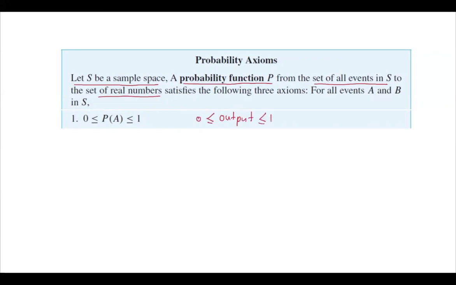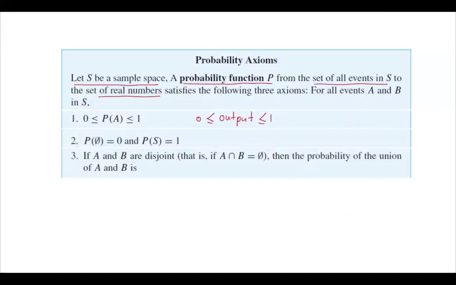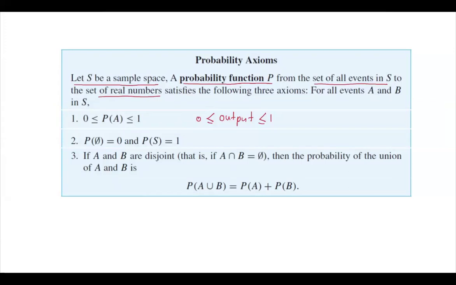So the probability can be 0 or 1 and any number in between. The probability of the empty set is 0. The probability of the sample space is equal to 1. If you have two disjoint events, the probability of their union is the probability of the first event plus the probability of the second event.